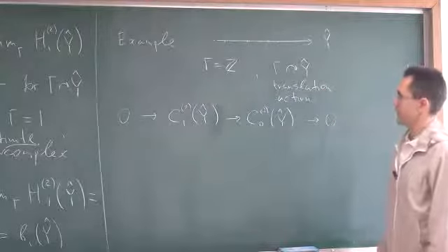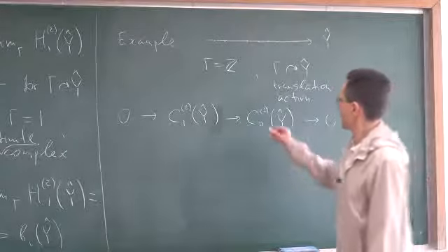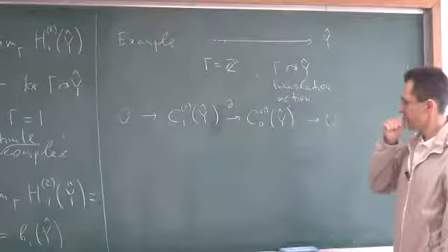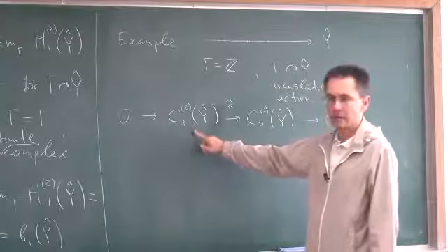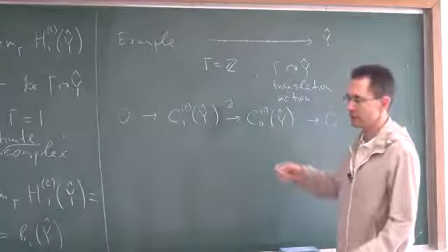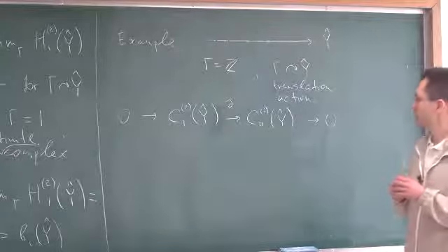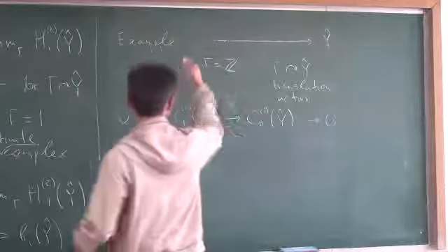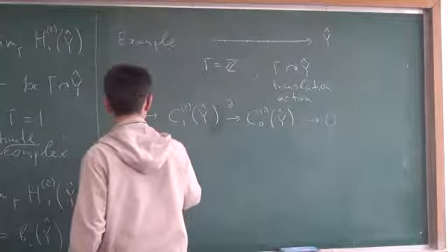Okay, what are they? We really need to investigate what this boundary map is. To each edge here, it associates the difference of the vertices of this edge. That's the boundary map. And what is H_1 of Y hat, since we are talking about a graph here?